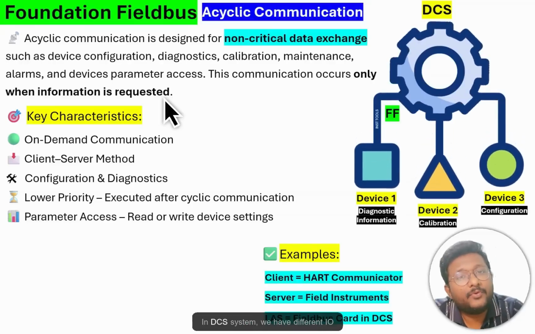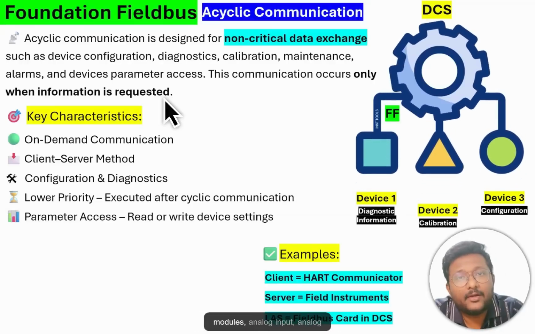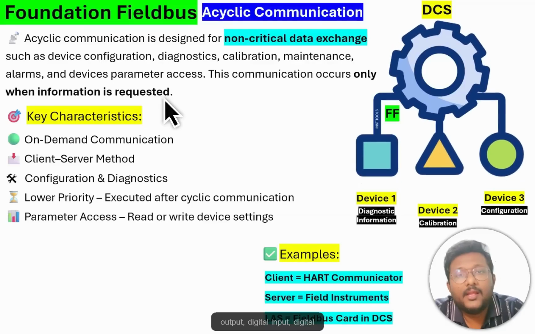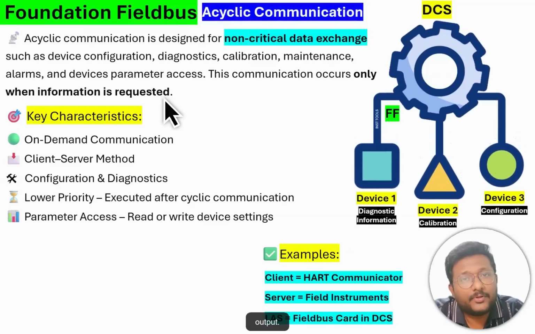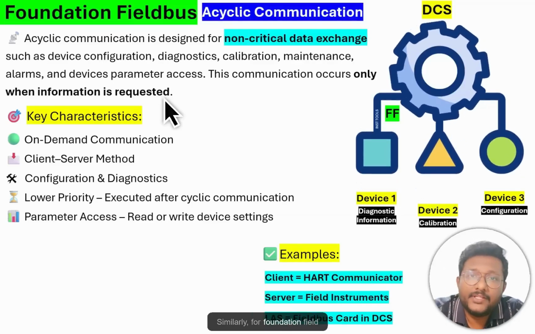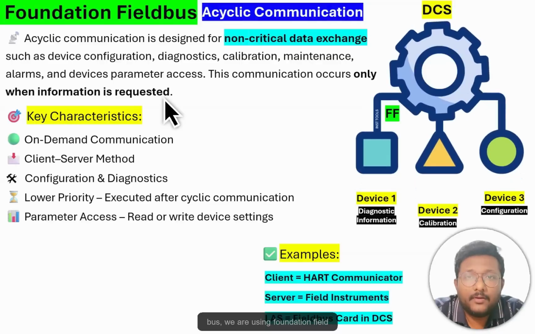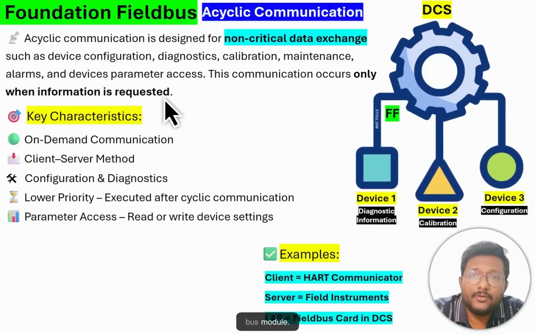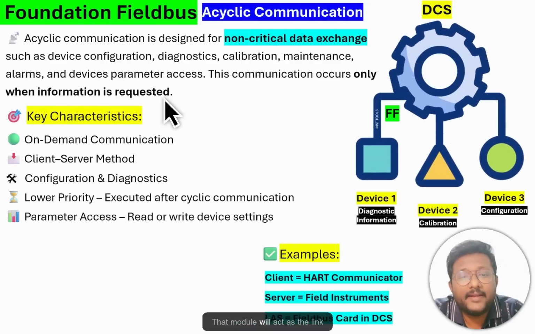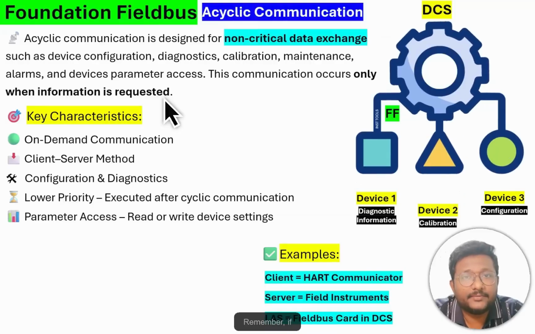In this system, we have different IO modules, analog input, analog output, digital input, digital output. Similarly, for Foundation Fieldbus, we are using a Foundation Fieldbus module. That module will act as the Link Active Scheduler.